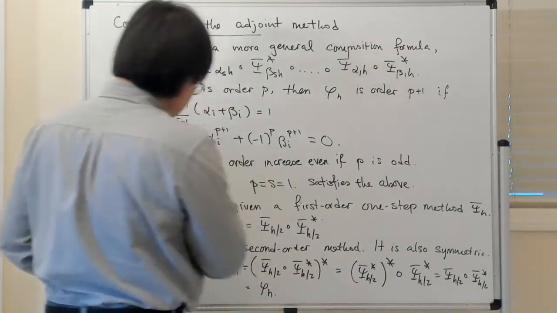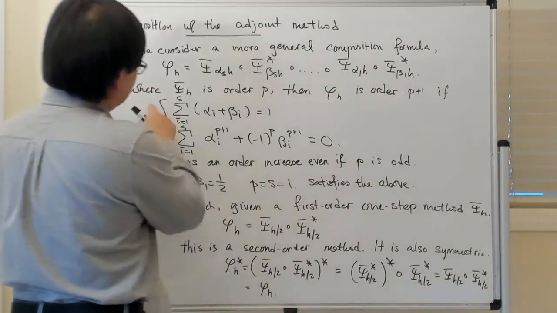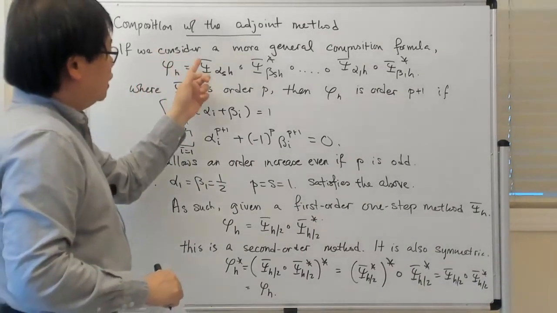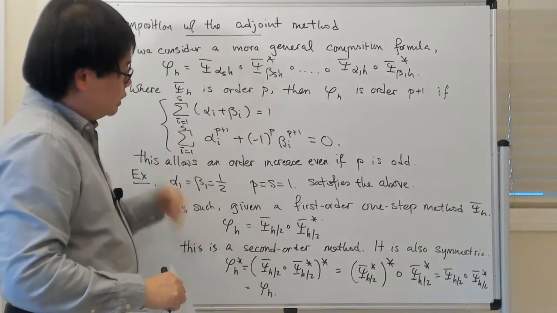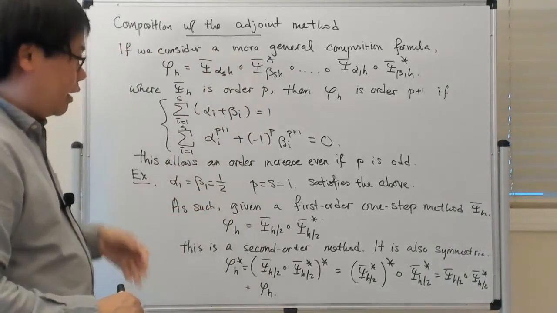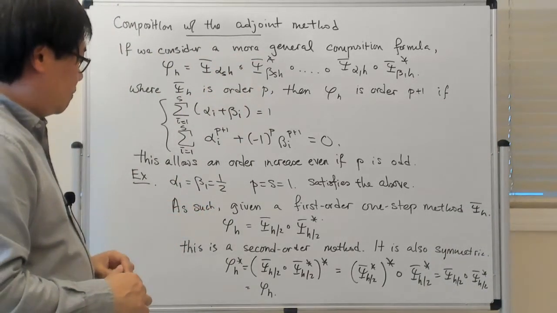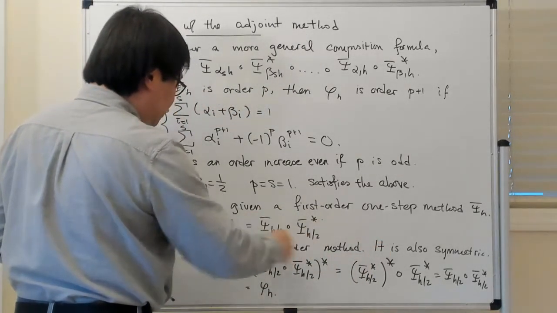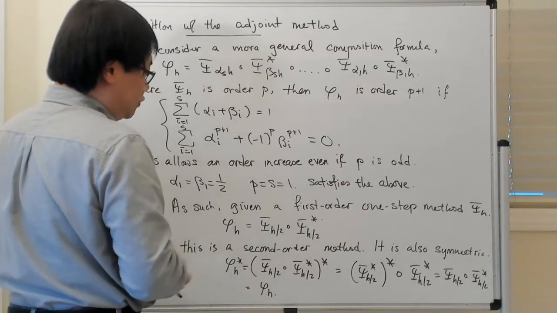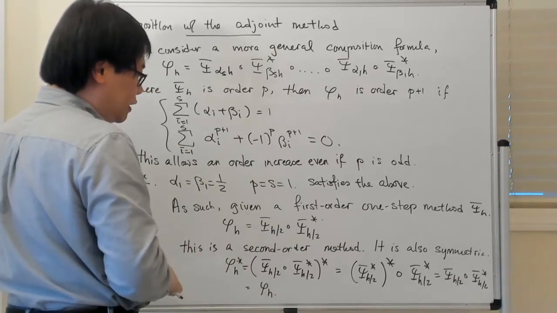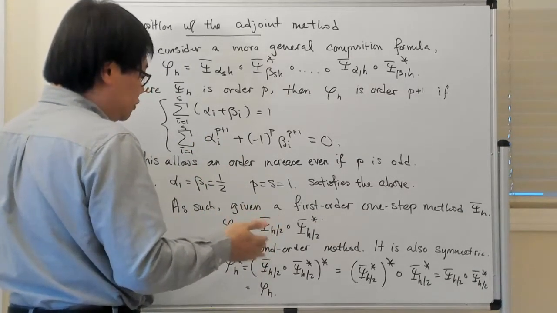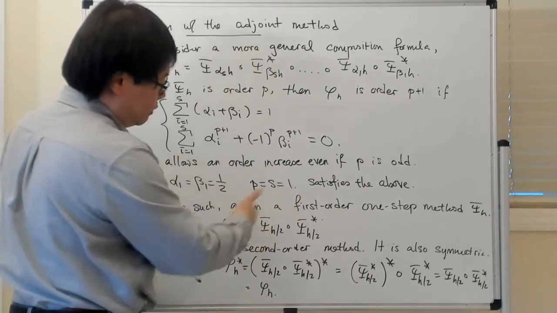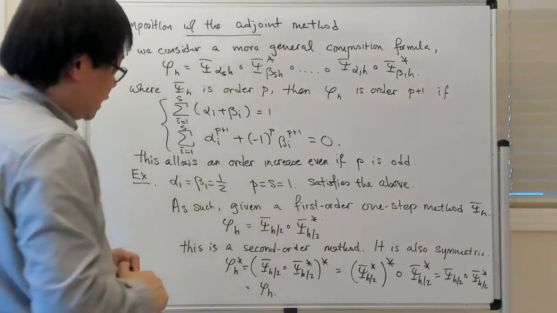In any case, you can easily check that this satisfies the conditions for a composition formula involving a one-step method and its adjoint to have one higher order, which is second order. But the observation that this kind of composition gives you a self-adjoint method also tells you that if the original method was first order, this composition has to be second order accurate.